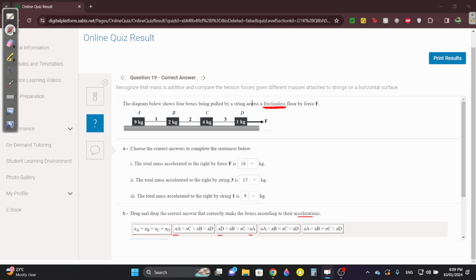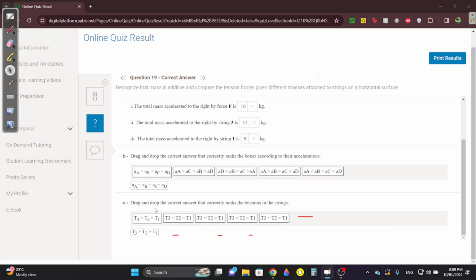Since there was no friction, I told you it wouldn't slow down, nor would it speed up. It was at inertia, so it was a constant state. So the acceleration in that case would be 0. If there's no friction, the net force is 0. Always. So the acceleration of all of them would be equal to each other.